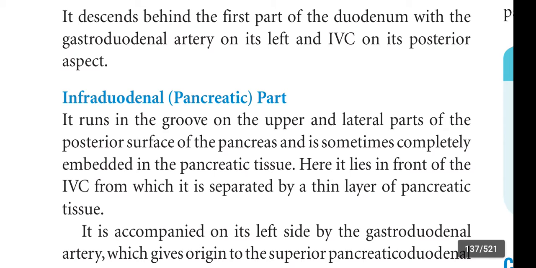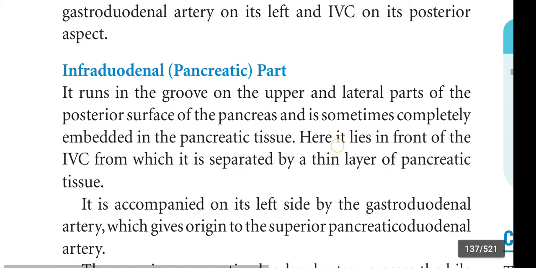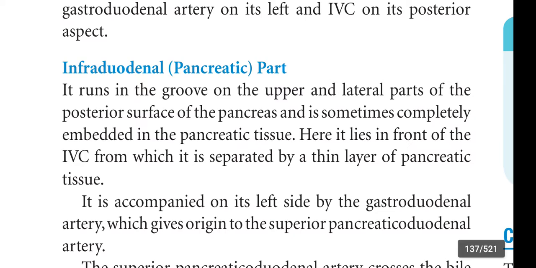Next, infraduodenal, also called pancreatic part. It runs in the groove on the upper and lateral parts of the posterior surface of the pancreas and is sometimes completely embedded in the pancreatic tissue.